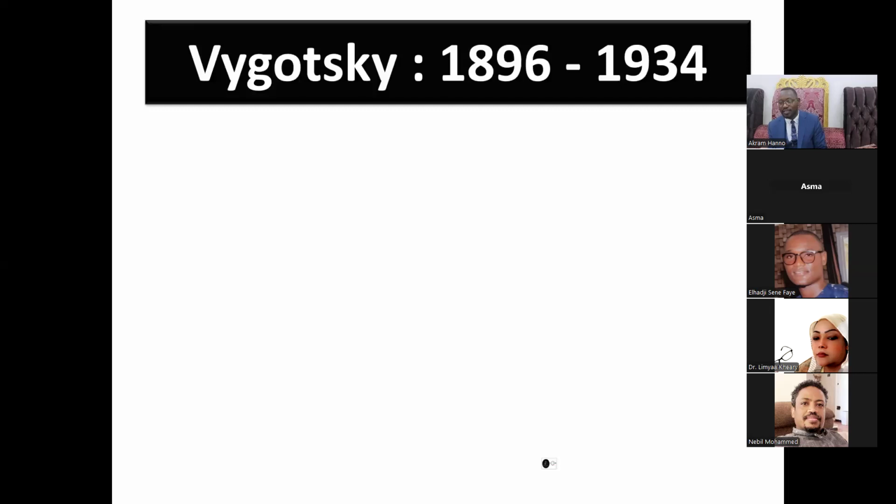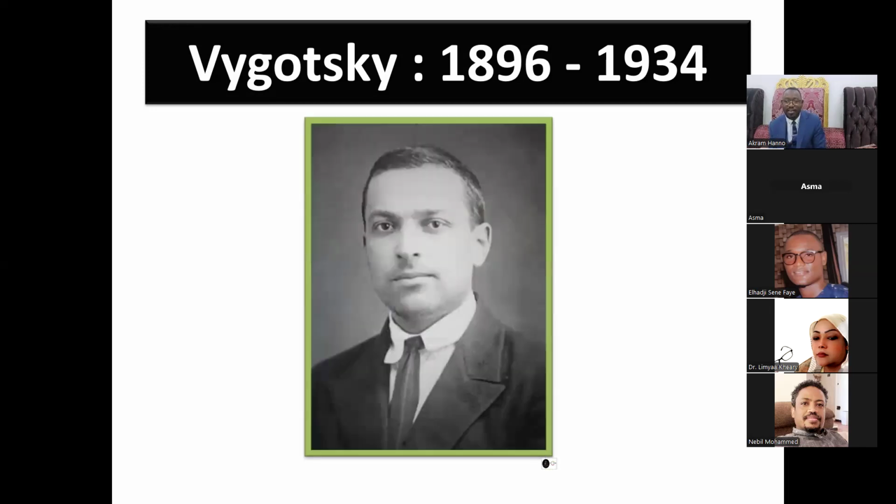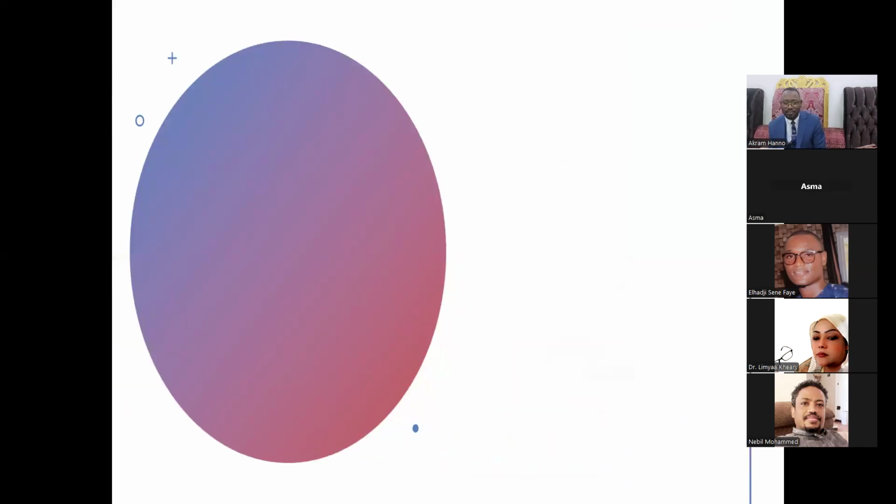And then we have Vygotsky, 1896 to 1934. So roughly he died at the age of 37. But he made a contribution, as you can see. This here is Lev Vygotsky.